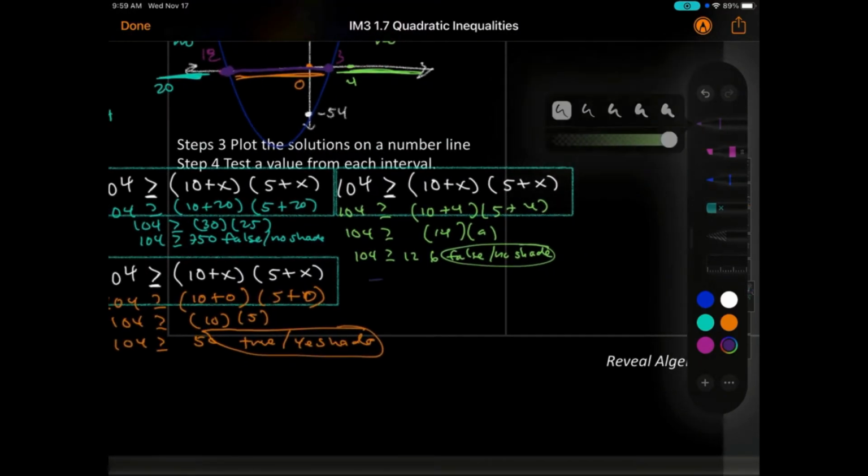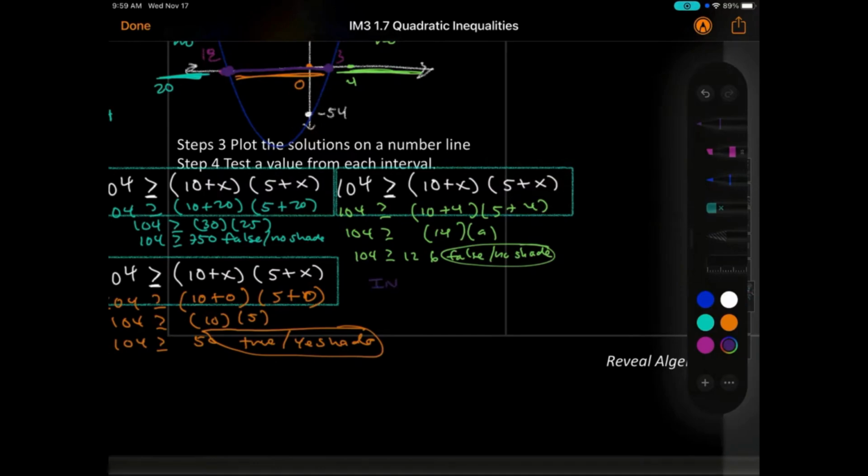So in interval notation, I can have an answer between -18 and 3. And I'm putting brackets because it includes that solution. That should have been -18. But because it's a closed circle, it's a bracket.